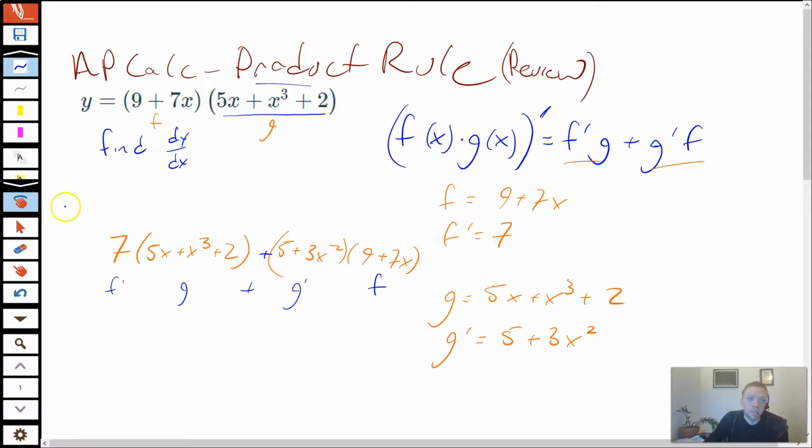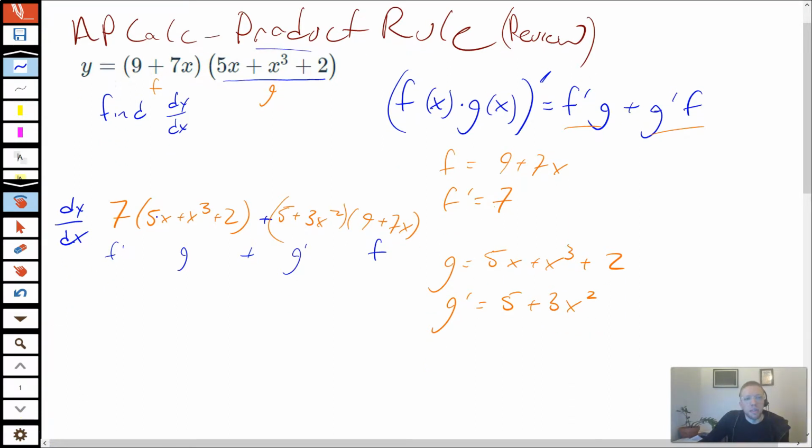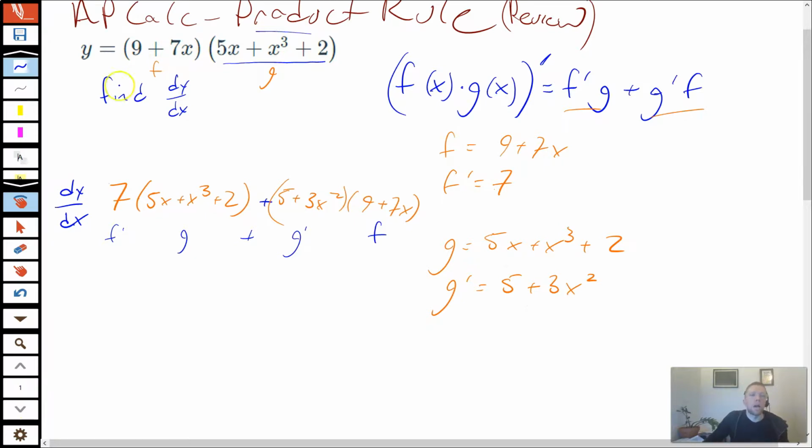And technically we're done. If this were an AP question, this would be very easy for an AP question because it doesn't really ask you to do a whole lot of work here. But you could leave your answer just like this. This is dy dx. That would be fair. In fact, on Delta Math, it allows you to submit that as well.